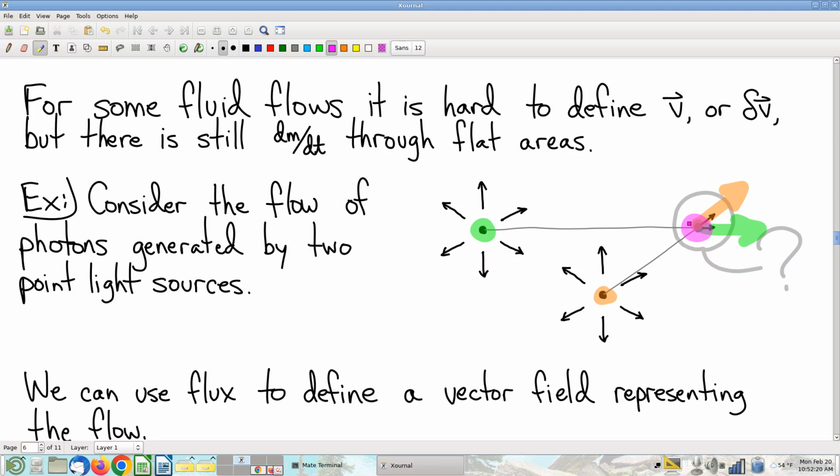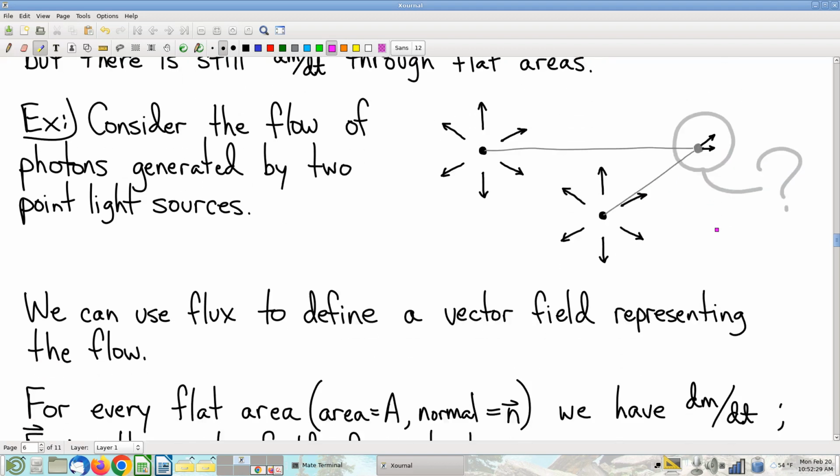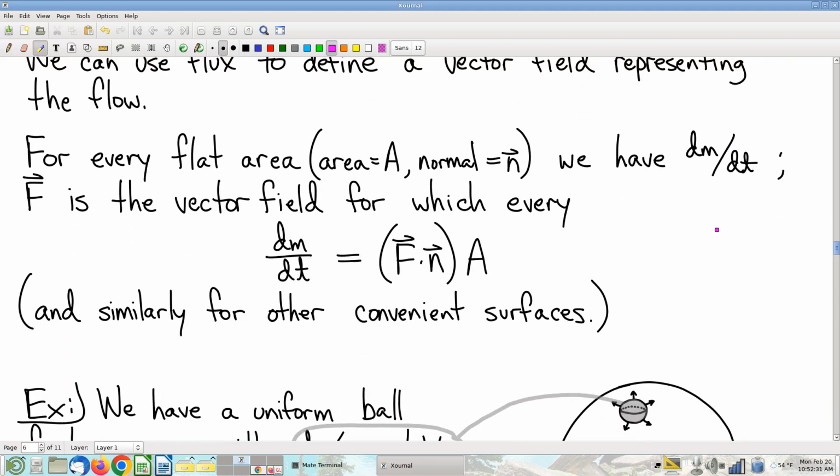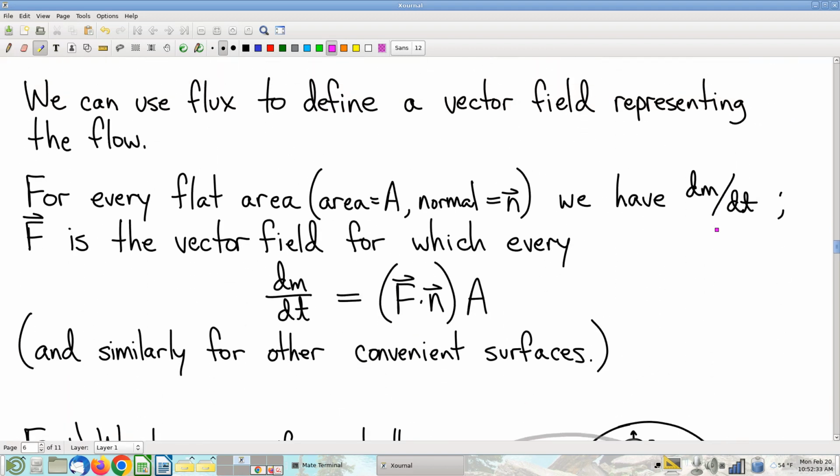But this kind of a fluid, how do we represent it with a vector field if we can't talk about the velocity? Well, the idea is that flux comes to our aid here. We went through the details of this last time, but usually we have a vector field given to us describing the flow, and then we ask how much fluid per unit time is passing through a surface.